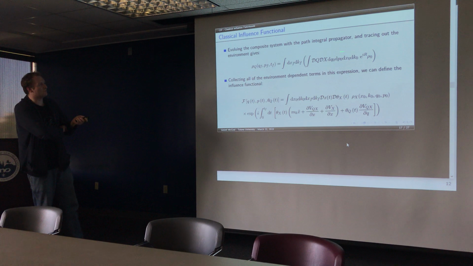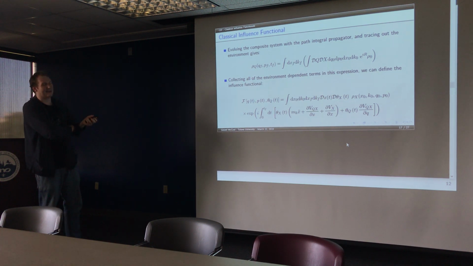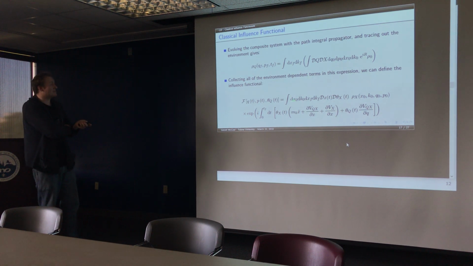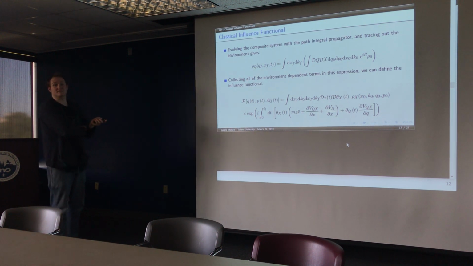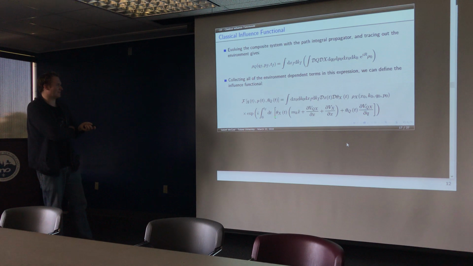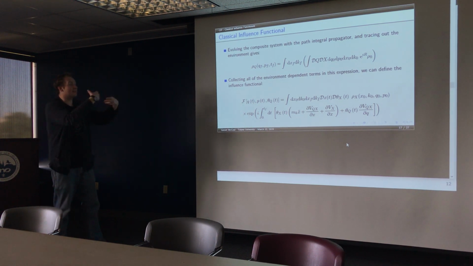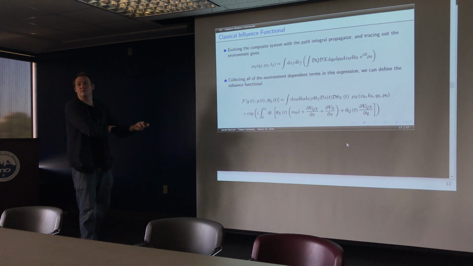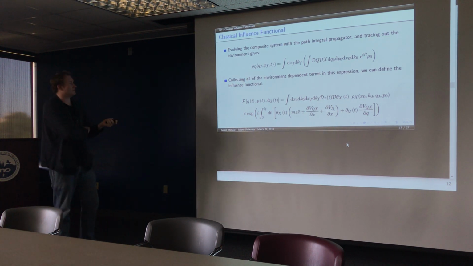Now if we take all of the terms in this expression and pass out the ones that depend on the environment, we can define the influence functional. It looks pretty horrible, but it's okay. This is the object that defines the entire influence of your environment on your open system and its evolution.